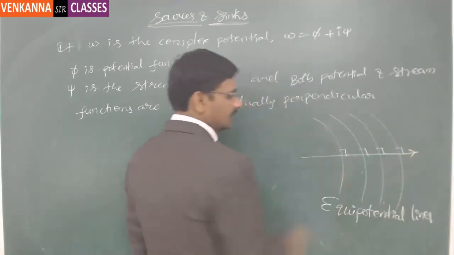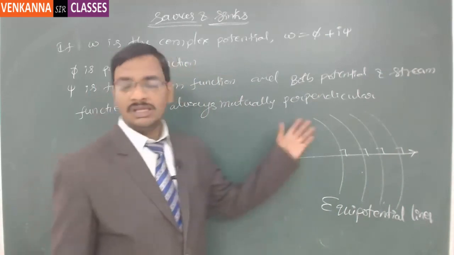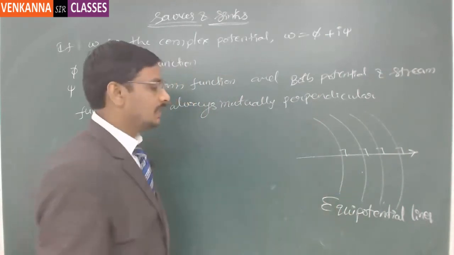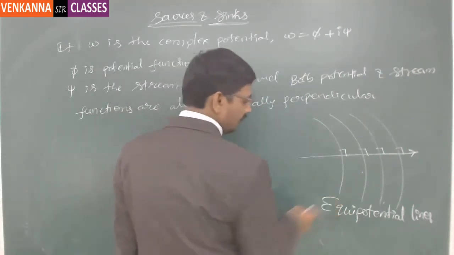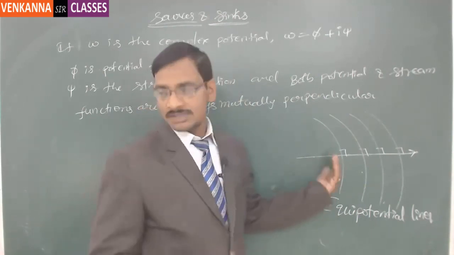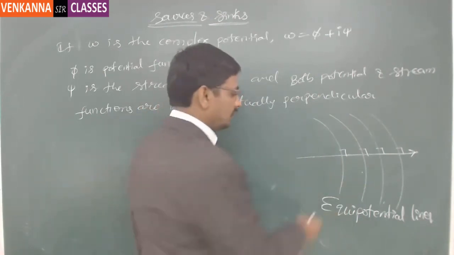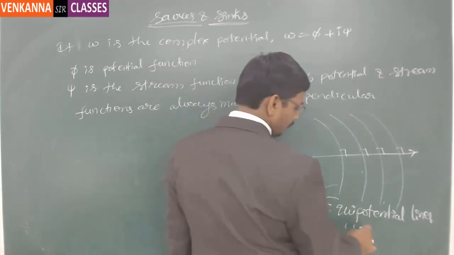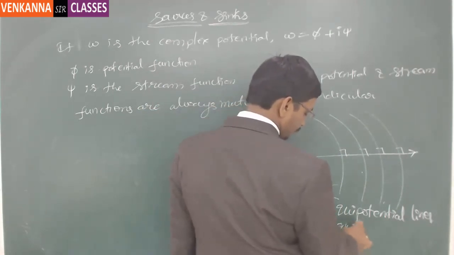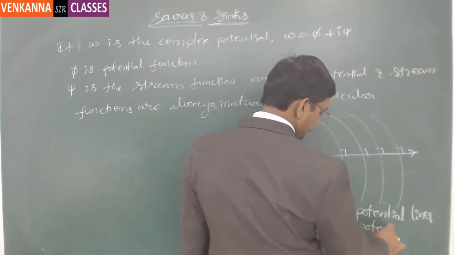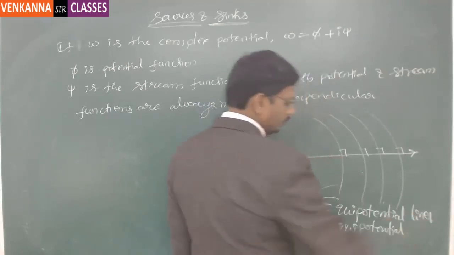These lines, which contain the equipotential, are also called the equipotential surface, because usually it won't be lines, it will be a surface. To represent it on the graph, we call it lines.